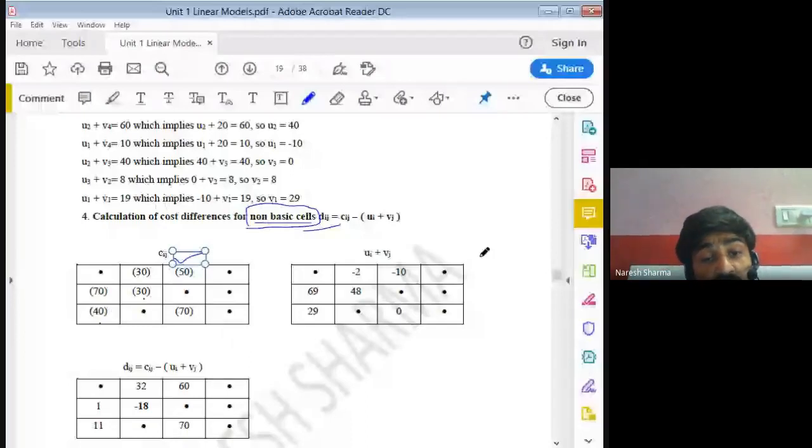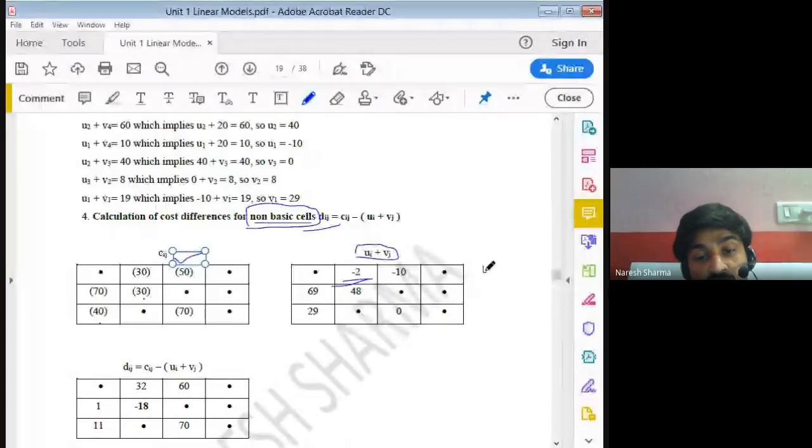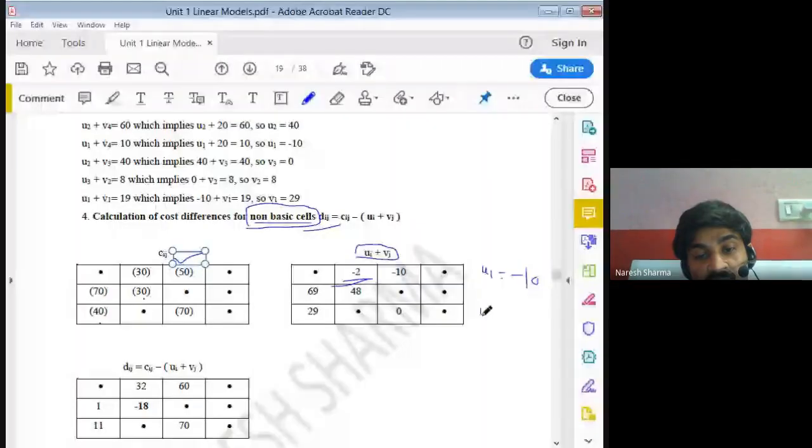Now for the same locations you can calculate ui plus vj. You know that you already calculated your U1 is minus 10. You can check from above. U3 you assumed, I remember, is 0, and U2 you calculated is 40, you may check from this.